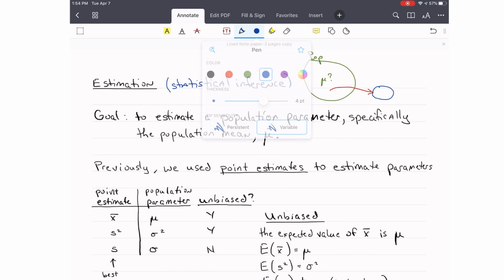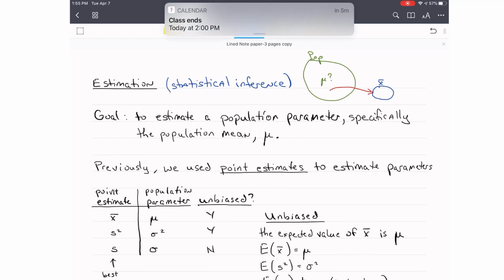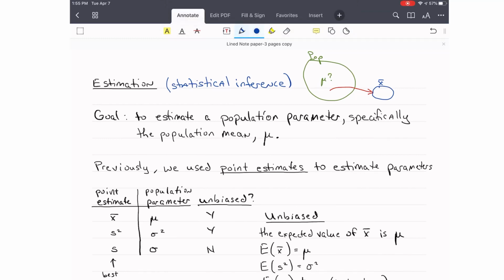So we take a random sample that is representative of the whole population, and then we calculate the parameter estimate for the sample, which in this case is going to be x bar if we're looking for mu. And based on x bar, we're going to infer something about mu.